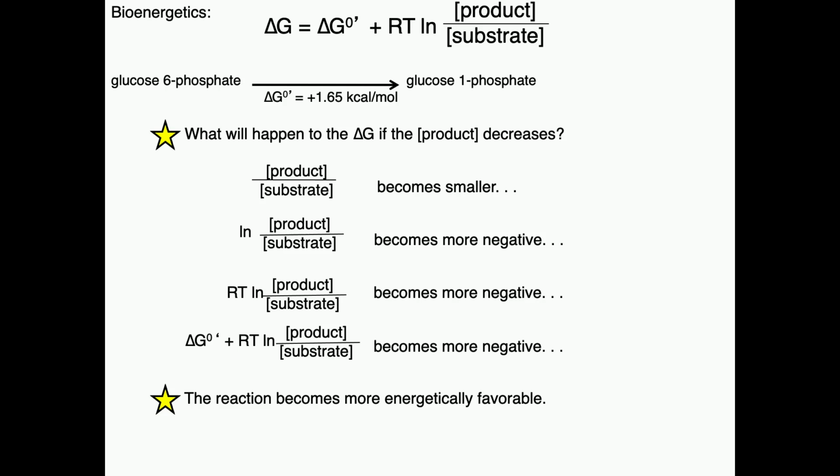Is that clear? Okay, so with respect to what happens within the body, we don't exist in delta G 0 prime conditions. The actual delta G is going to be favorable because we have subsequent reactions in the body that are going to decrease the concentration of the product of that reaction.